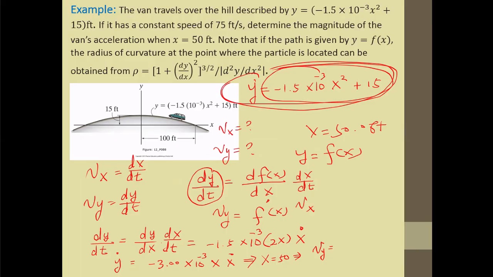So it turns out to be negative 0.15, times vx.